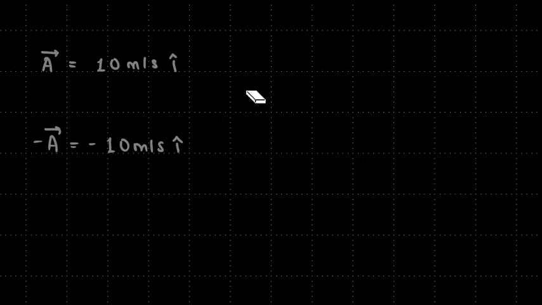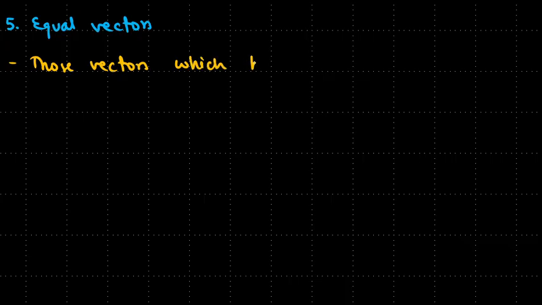Okay, now let's talk about equal vectors. So what are equal vectors? I talked about them a little bit earlier, but let's have a look at them right now. Those vectors which have the same magnitude and the same direction.